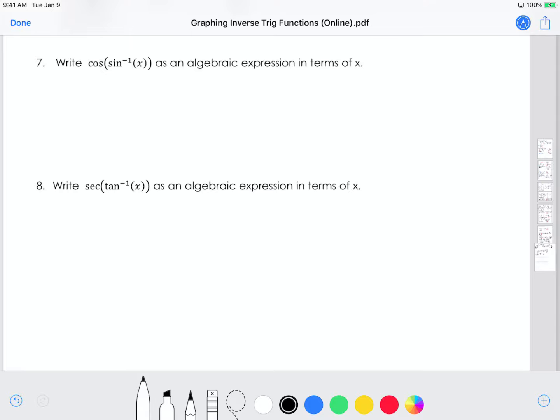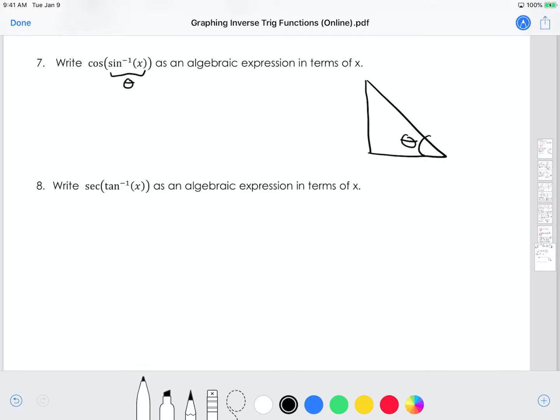Okay, in example 7, it says, write cosine of sine inverse of x as an algebraic expression in terms of x. So remember, this represents an angle because it's an inverse trig function. Right? With inverse trig functions, we plug in the ratio, we get out the angle. So I'm going to use the triangle method to set this up.